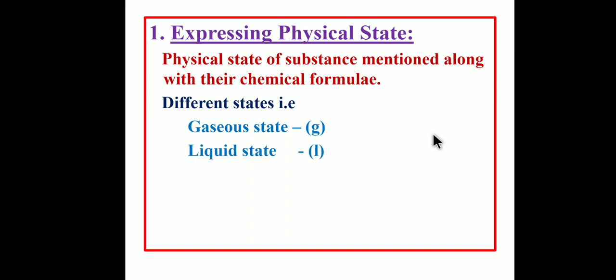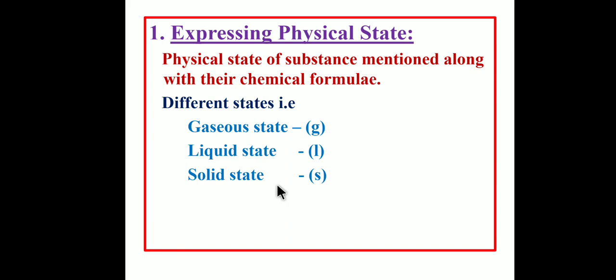If the substance is in the liquid state, we have to represent it with L. The next one is the solid state. If any substance is in the solid state, we represent it with the letter S.